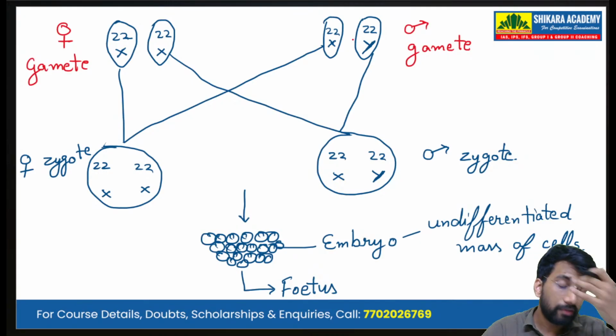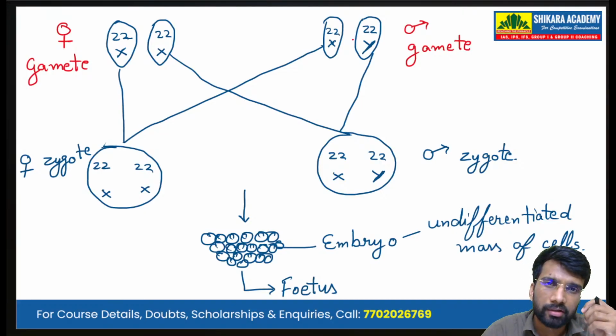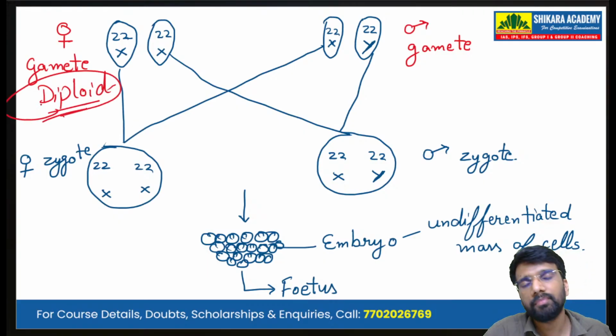Now in the last class, we discussed gamete formation due to the process of meiosis. We know that human cells are diploid cells, that is, we have 46 chromosomes.